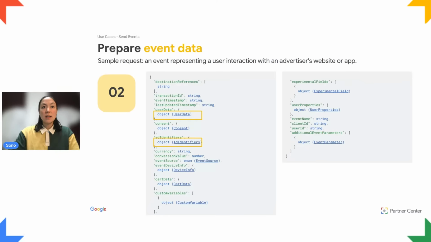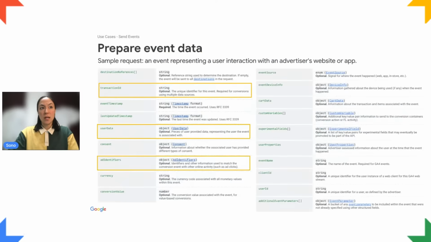On the right-hand side, you see additional, more Google Analytics relevant parameters, but we will focus on the user data and the ad identifiers today. Transaction ID, as I said, is optional, but recommended. The user data is the user-provided data, which is the email address or the phone number, and the ad identifiers, meaning all the automatically created parameters, like the Google Click ID.